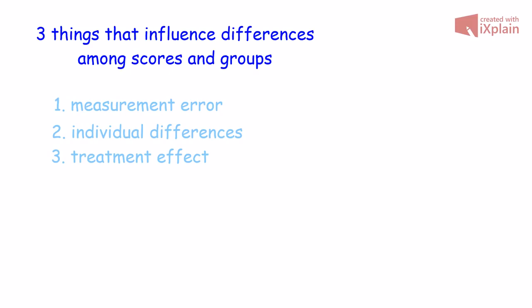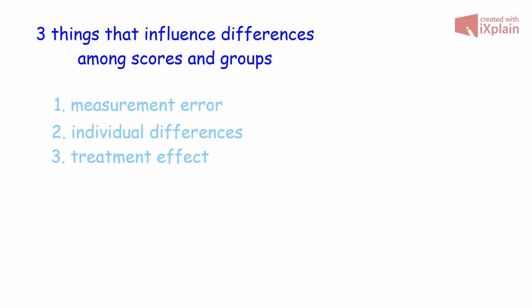The third thing that can influence scores in groups or scores among individuals is a treatment. If a treatment is effective, and people get different treatments, that's going to produce differences among the scores. So these are the 3 things that can cause differences among scores.